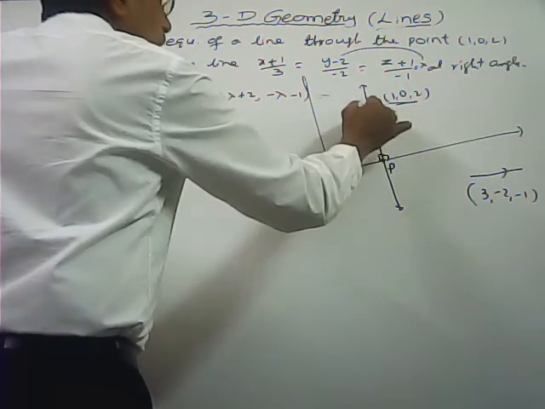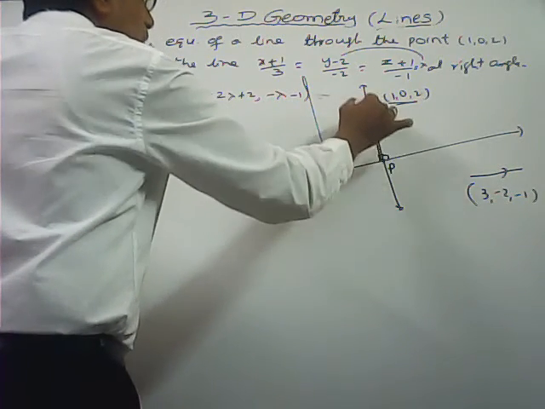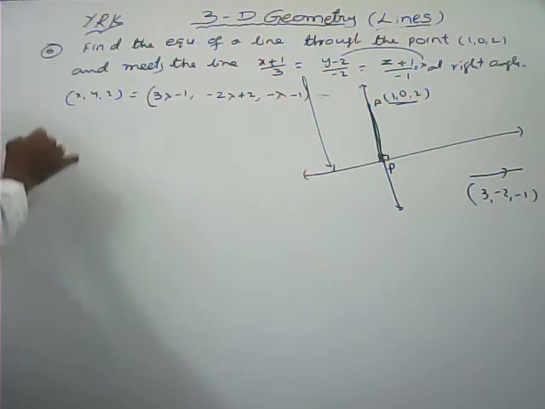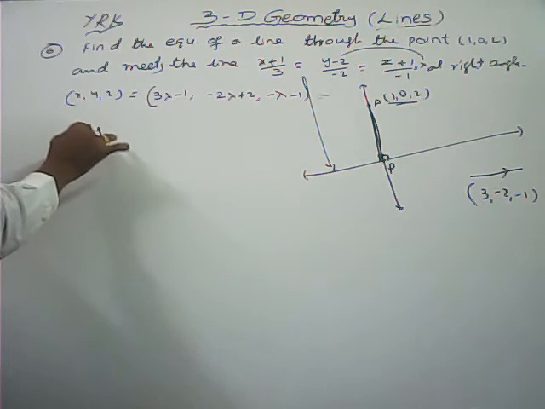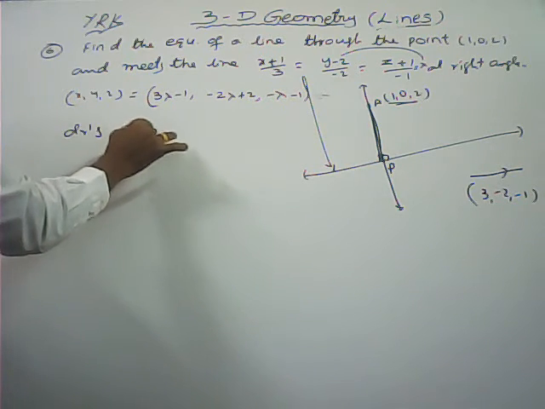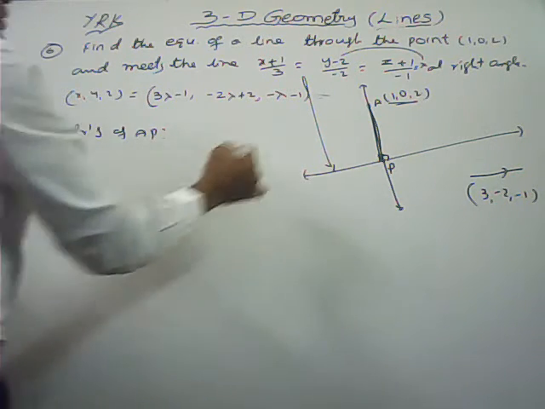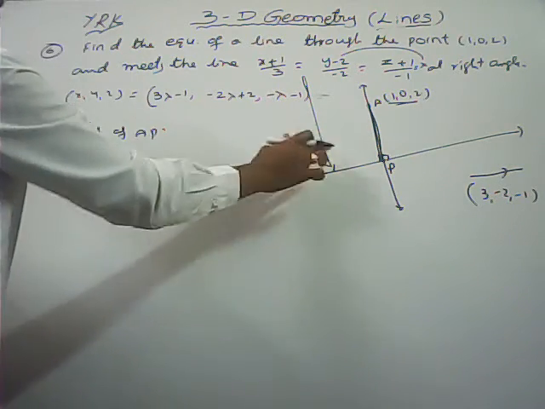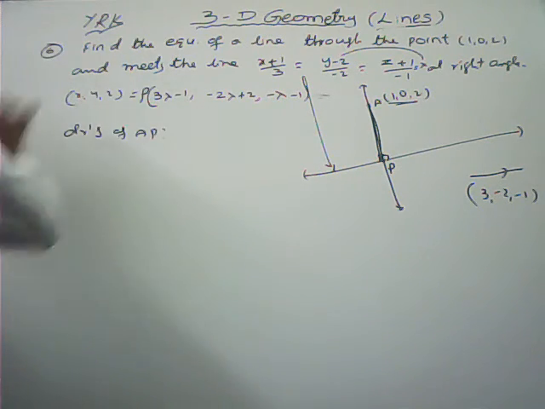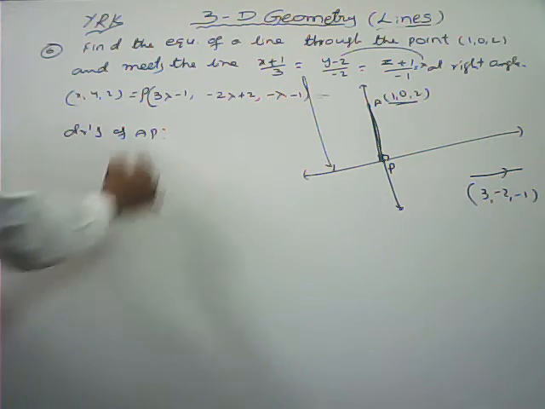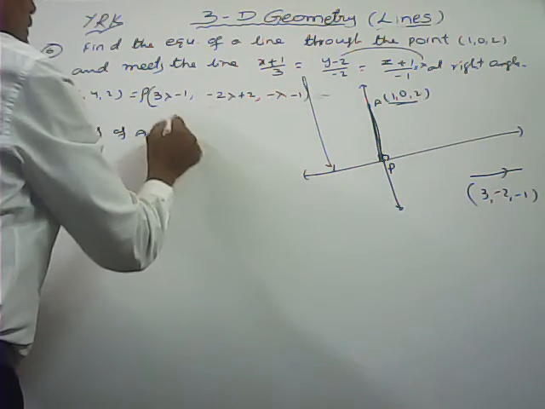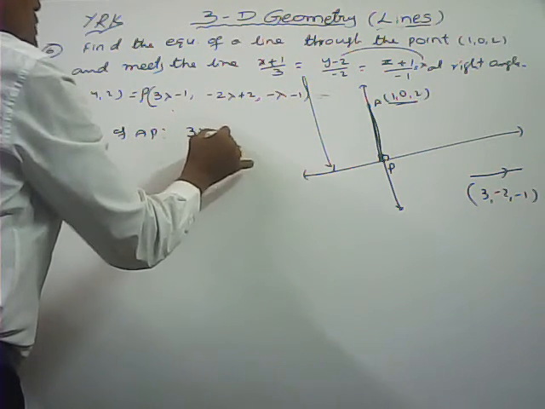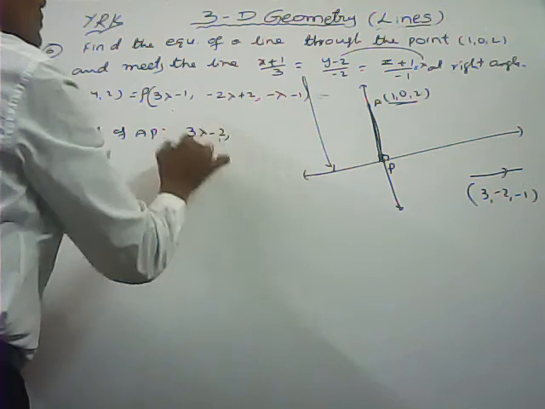Now, what are the DRs of a line passing through 2 points, DRs of AP. x2 minus x1: 3 lambda minus 1, that is minus 2.